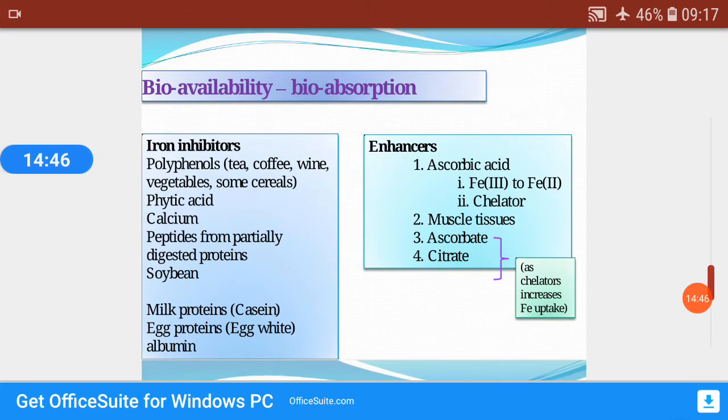So next is the bioavailability and bioabsorption. So here iron is absorbed in the intestinal region, as I said earlier, and the hormone that is responsible for the regulation of iron homeostasis is hepcidin, which is a circulating peptide hormone that is secreted by the liver, which plays a very important role in the regulation of iron.